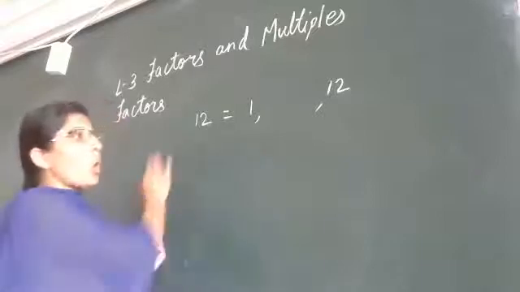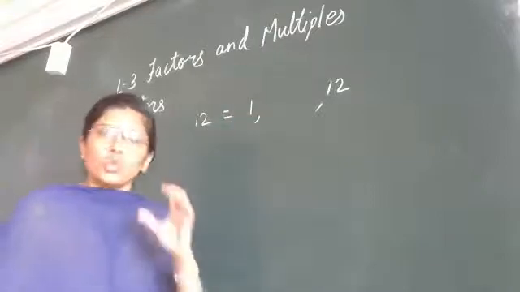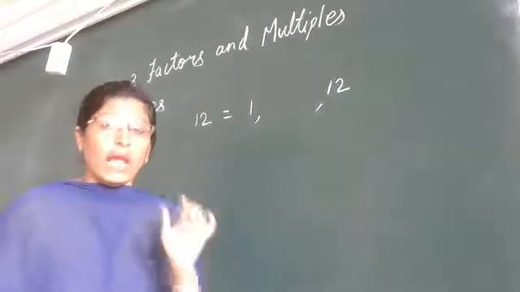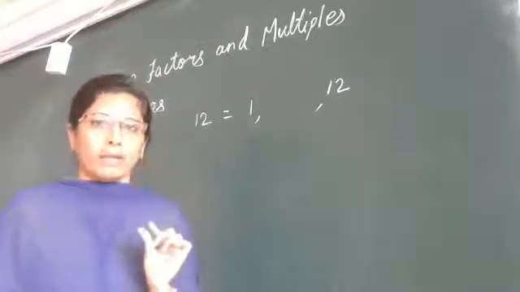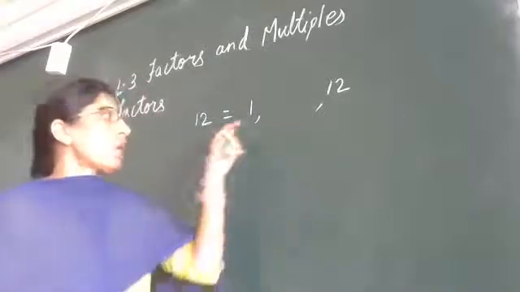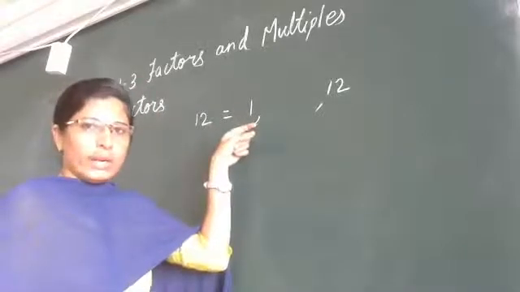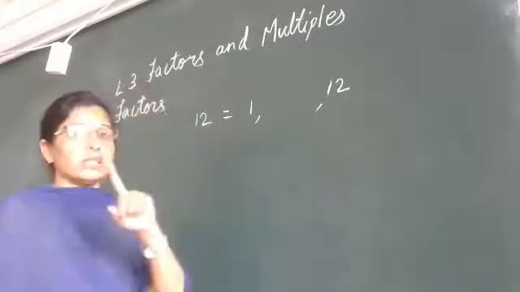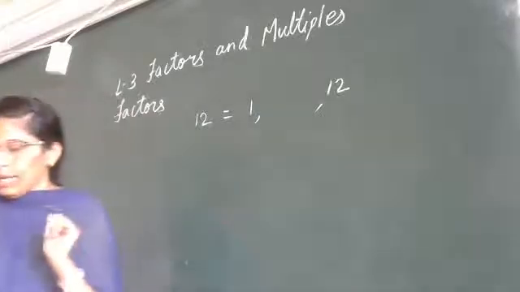So in one table, all the numbers will come. So 1 is a factor of all the numbers, and it is the smallest factor. When we are writing factors, always you should start from 1. This is the first property.